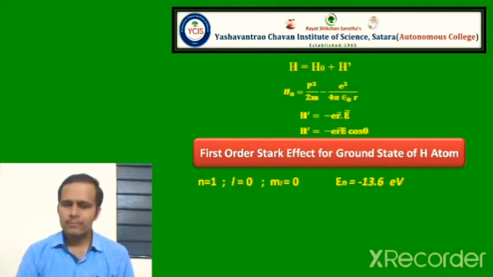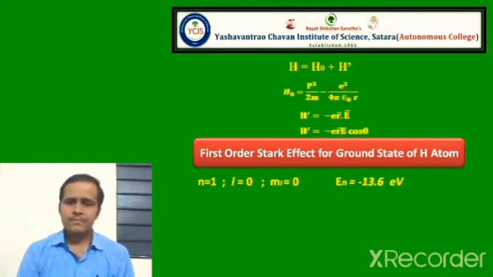So l equals 0. And the value of m_l is also 0, because the value of m_l varies from minus l to plus l. So there is a set 100 with principal quantum number, orbital angular momentum quantum number, and magnetic quantum number.